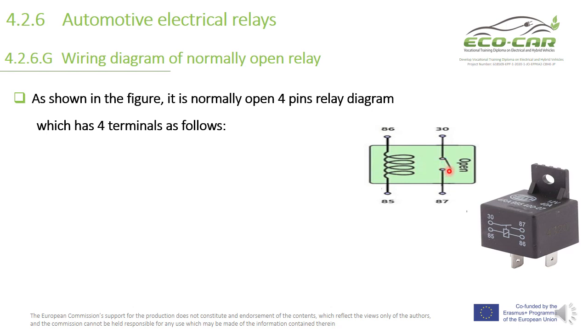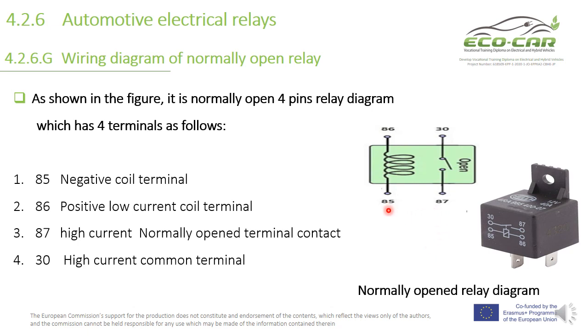This is normally open, so the coil is between the 2 pins 85 and 86, as you see here in this shape of the relay. It's 12 volt, 40 amps. Here is the control side, the coil side, pins 85 and 86, and the load side or contact side, pins 30 and 87.